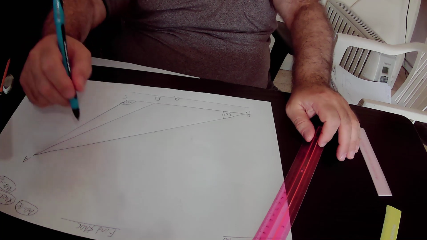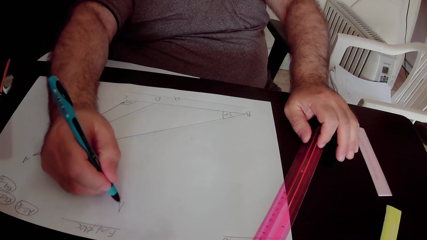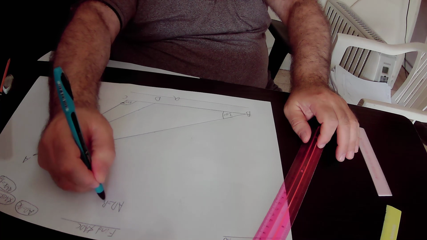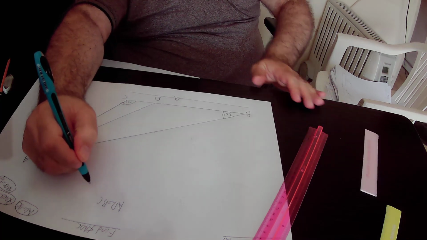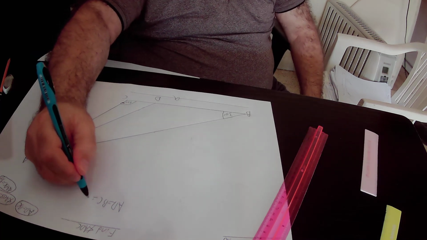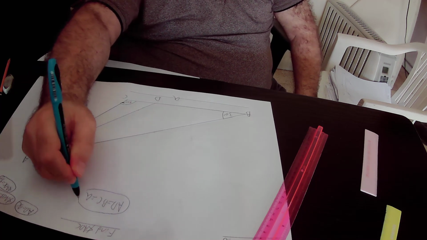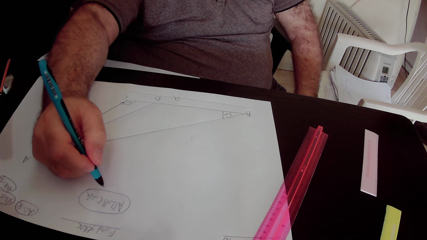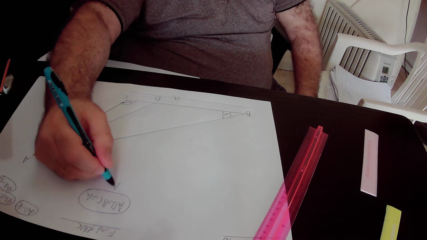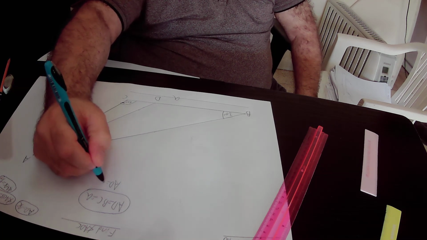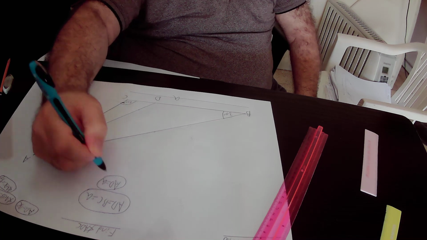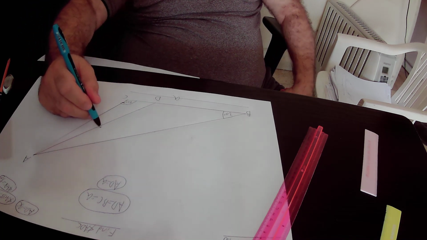But according to what is given in the question, AD equals BC, and according to our definition, BC equals A. So from this equation, AD equals BC equals A, we derive that AD also equals A.